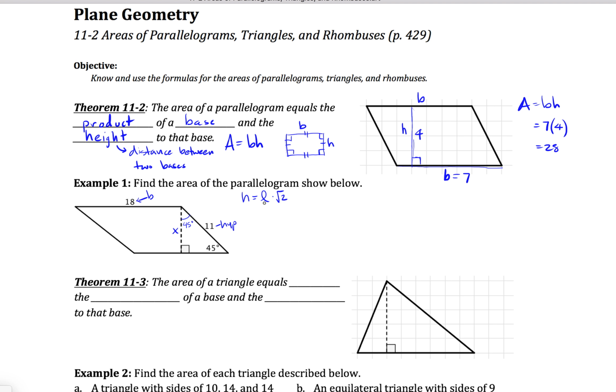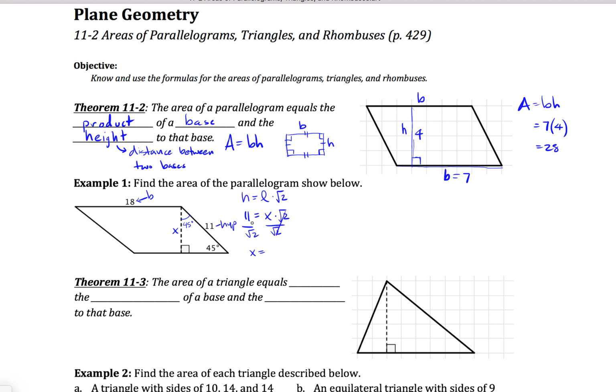The hypotenuse is equal to a leg times the square root of 2. So if I want to know what this x is, I can use this little formula. I can put an 11 where the hypotenuse measurement goes. I can put an x where the leg goes. And I have times square root 2. Now to get the x by itself, I'm just going to divide both sides by square root 2. And that'll leave me my x all alone.